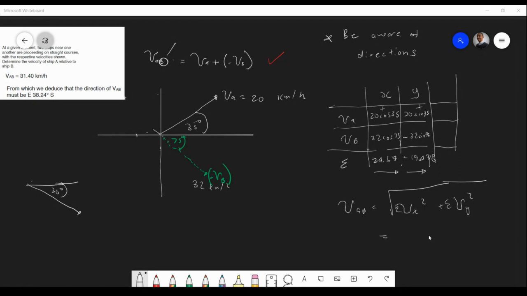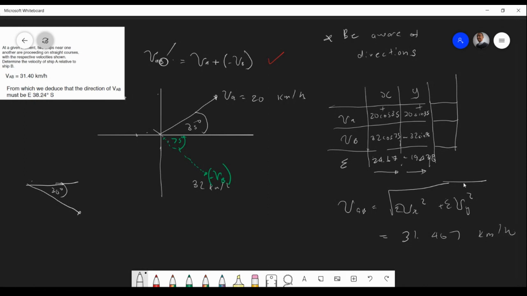Minus 19.3. Yeah, that's right. So let me just quickly see. Squared plus 24.67 squared. Yeah, 31.4. Oh, my bad. I have a 31.4. I got rounded off a bit. So I got 31.407. Good enough.